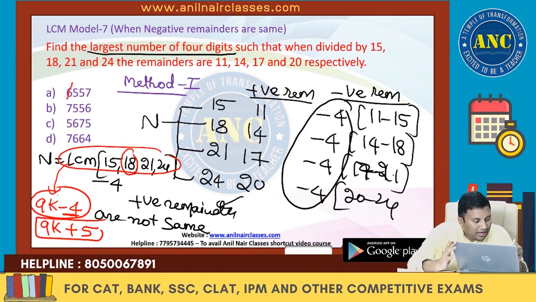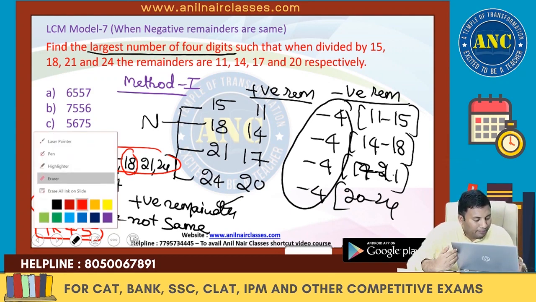6 plus 5 is 11. 11 plus 5 is 16. 16 plus 7 is 23. 2 plus 3 is 5. So the first one is giving you 5.